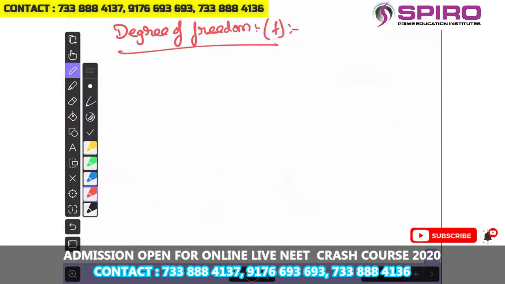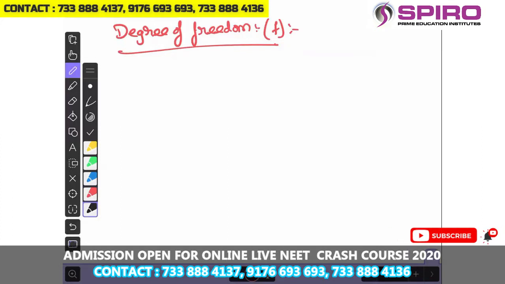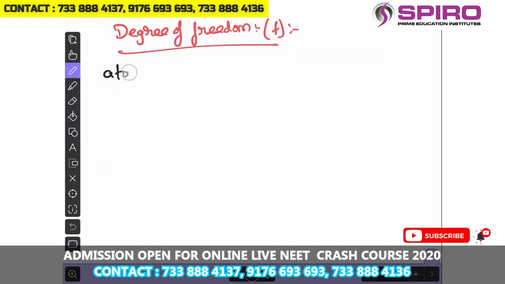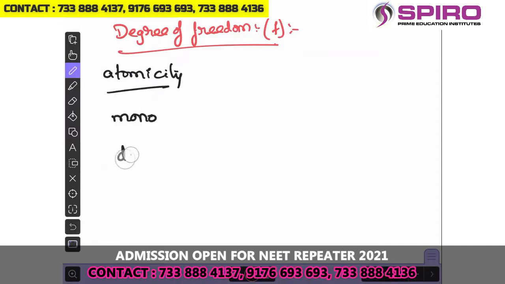Usually by virtue of translational motion, rotational motion and vibrational motion, this degree of freedom is defined. According to the atomicity, it changes from one gas to another gas. From the atomicity point of view, the gases are divided into monoatomic gases, diatomic gases and polyatomic gases.